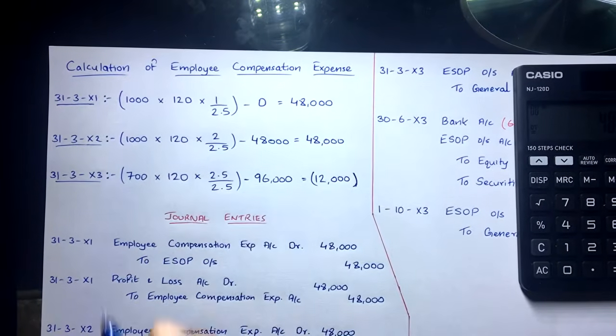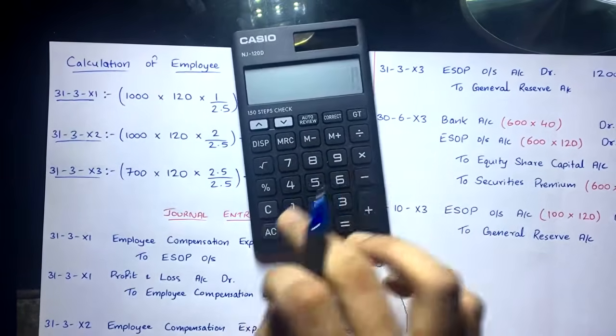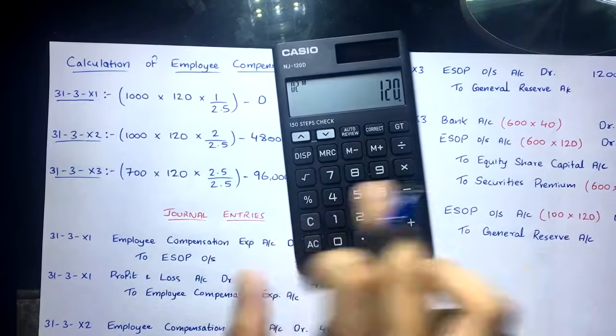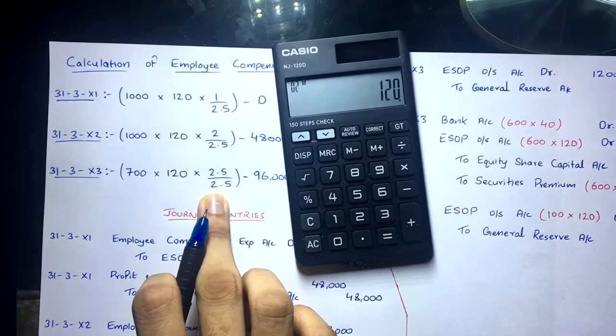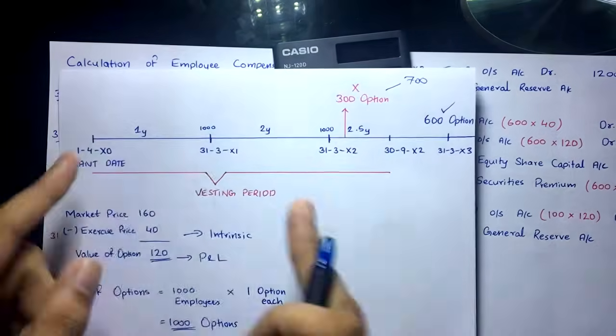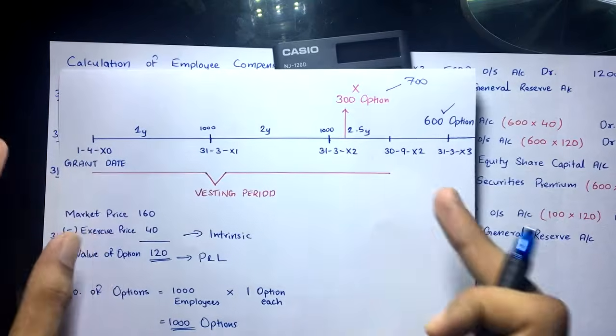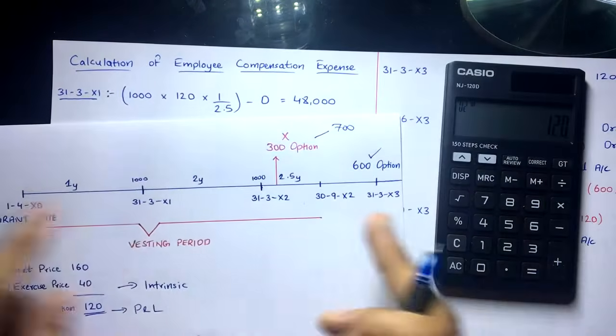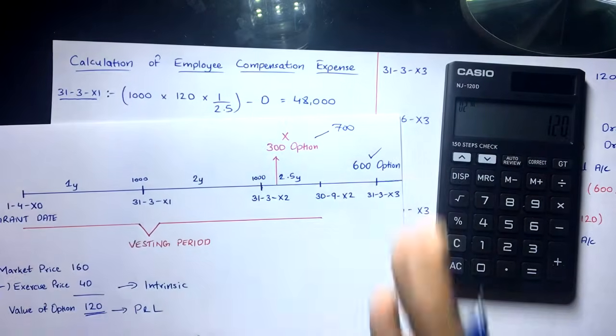We can estimate that. So 700, the options that can be exercised, into value of option 120, that will never change, and then you have to take the vesting period fraction. Whole 2.5 years has passed. Now you are recording on the date of 31st 3x3. Now don't think 3 years has passed. No, 3 years has not passed.